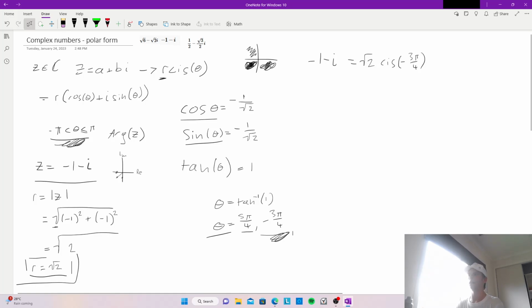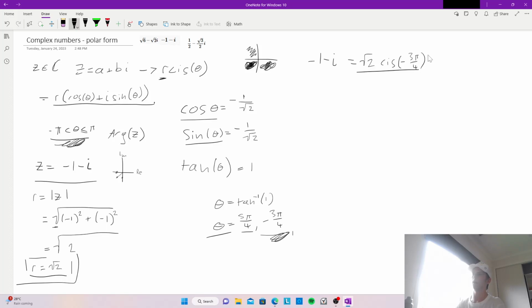So I'm just going to use this example here. I don't think you can actually see me move my mouse or not, 100% sure. It's going to be this one here, square root 2 cis negative 3 pi over 4. As I showed you here, that's also equal to this expanded version here.